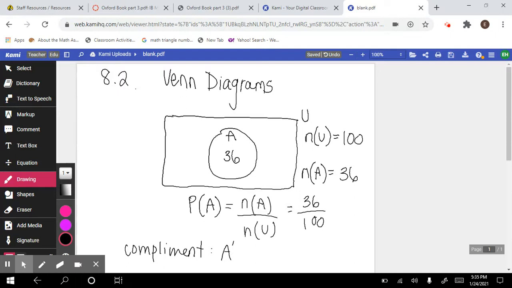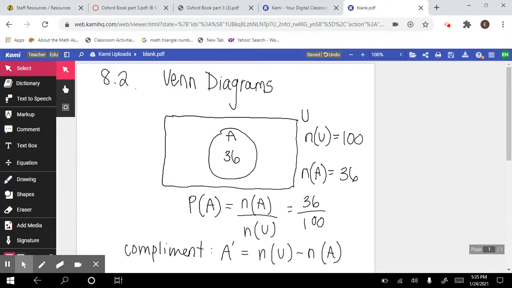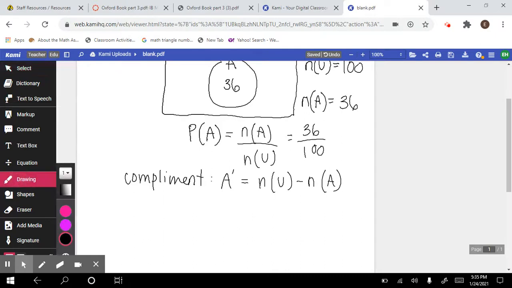So to find that number, you would do the number in your universal, subtract out the number in the set that you don't want. So that is everybody who doesn't like art. Okay, so that would be 100 minus 36. And then we are left with 64 people. So you would put 64 on the outside of your circle.